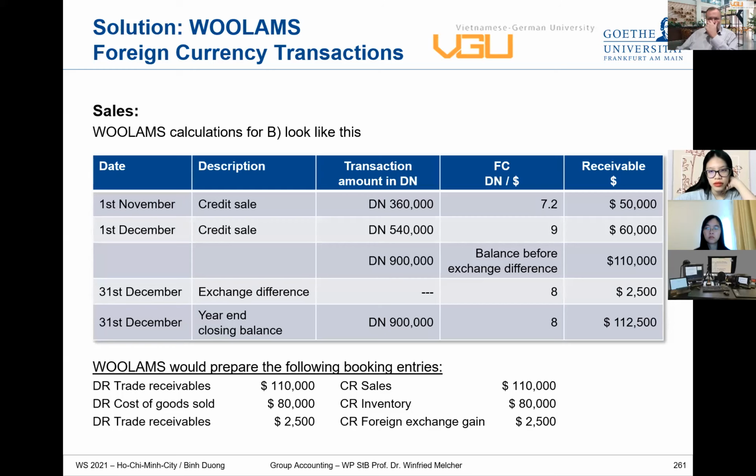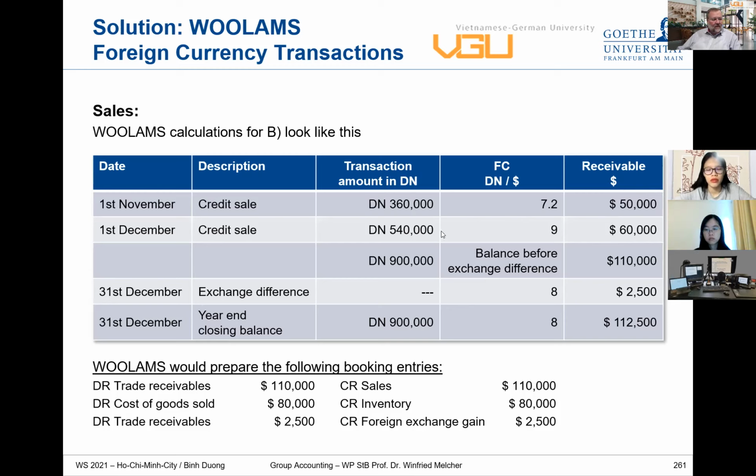The transaction under B should look like this. Well, you have 2 sales transactions, one 360, the other 540. So the total transaction in foreign currency is dinar 900,000. So you would use the transaction date rate to translate the foreign currency transaction into the functional currency. So you have a receivable from the first transaction of 50,000, 60,000 from the second transaction.